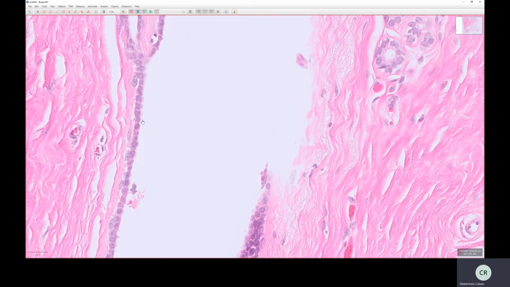We look for the nuclear to cytoplasmic ratio. So if the nucleus is taking up the vast majority of the cell, that's an increase in the nuclear to cytoplasmic ratio. That's another worrying feature. Nuclear hyperchromasia: if the nucleus is taking up lots of hematoxylin pigment, that's a worrying feature. Frequent mitotic figures, indicating that the cells are replicating uncontrollably.